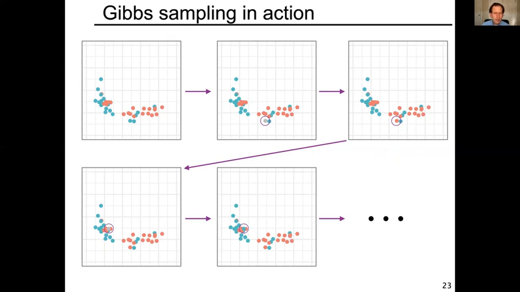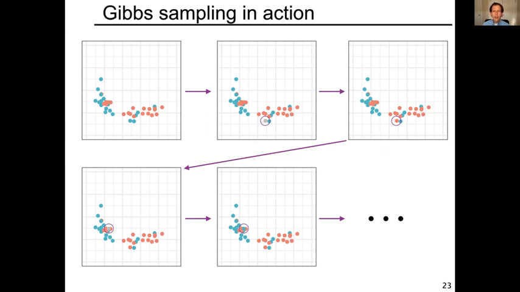That might be i equals 1 for a particular time step. For i equals 2, we might choose this other dot in the left center, which is now gray in the lower left, and that's going to get resampled. Since it's near the center of blue, it's probably going to be resampled to blue, and so forth. So these are two little visitations of individual random variables within an individual time step.